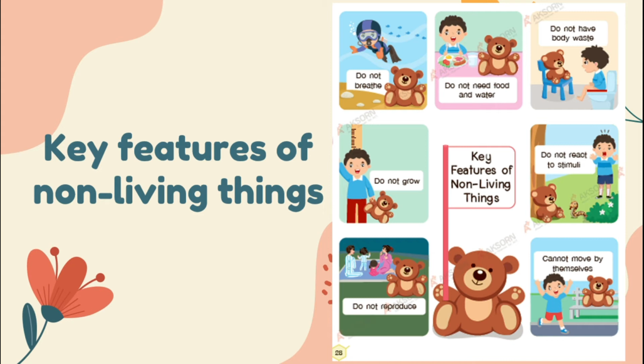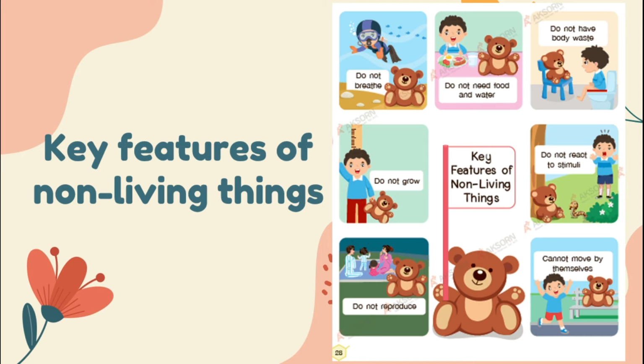That means non-living things do not breathe, they do not need food and water, they do not need to get rid of waste, they do not grow, they do not reproduce, they do not react to stimuli, and they do not move by themselves.